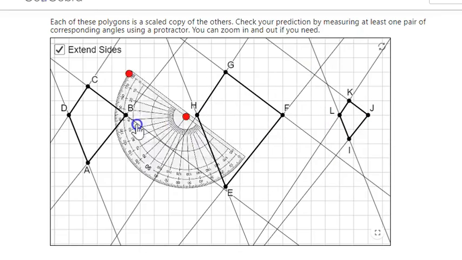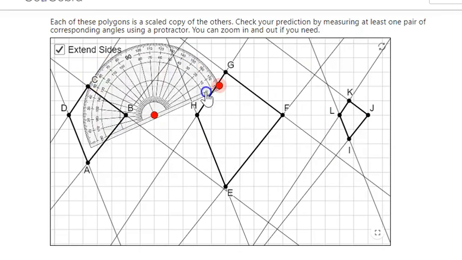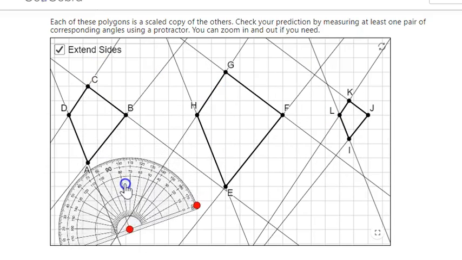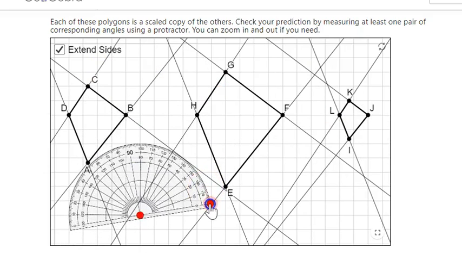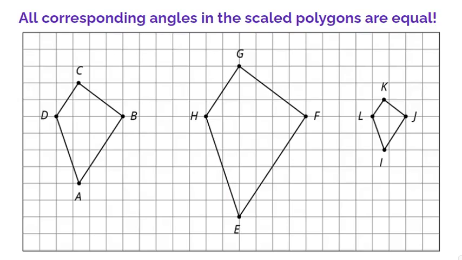But just by the angles alone, we can see how they are scaled copies of each other. Go back here real quick. So the corresponding angles in all of these scaled polygons are equal, which means that every one of these, while not the same size, do represent the same picture, just in different sizes altogether.